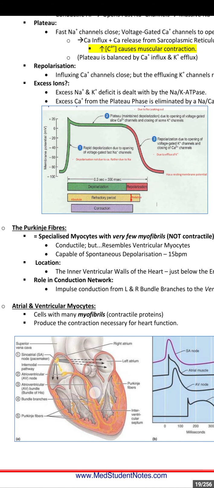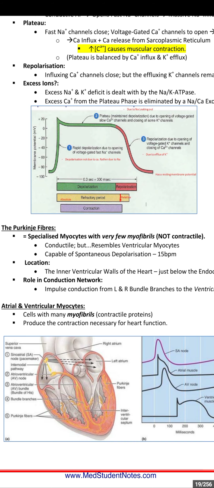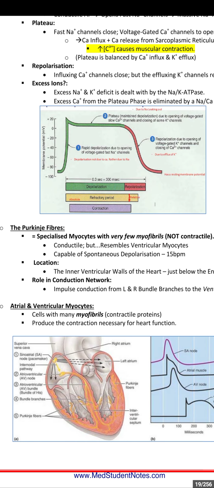Next is atrial and ventricular myocytes. These atrial and ventricular myocytes are cells with many myofibrils and contractile proteins.